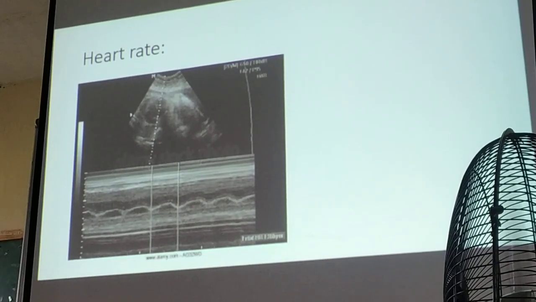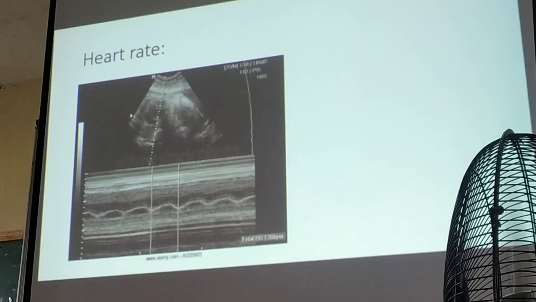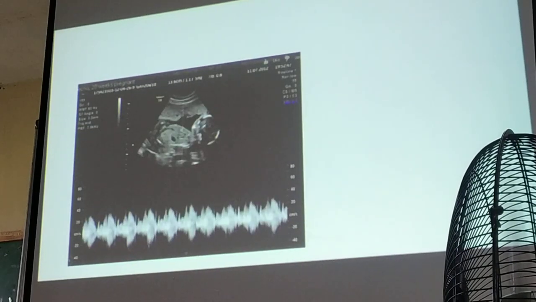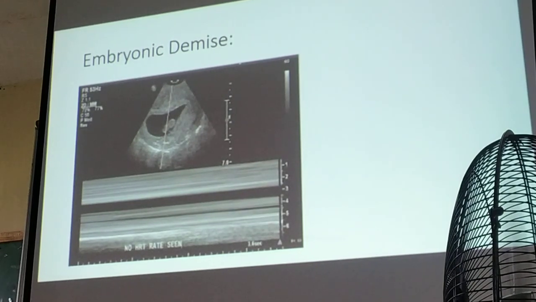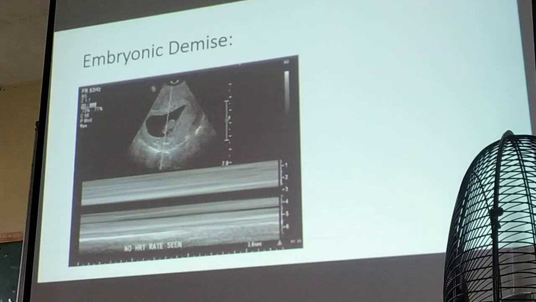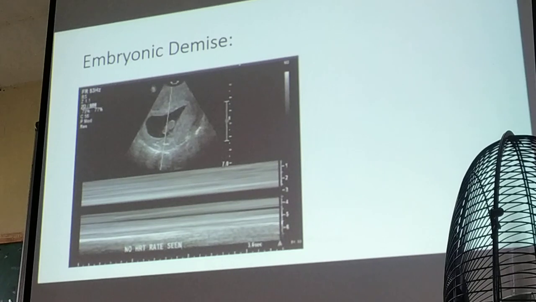This is the importance of your heart rate. And then, if I'm going to show you this, your diagnosis should be embryonic demise. No cardiac activity. Okay? It's a flat rate strip.